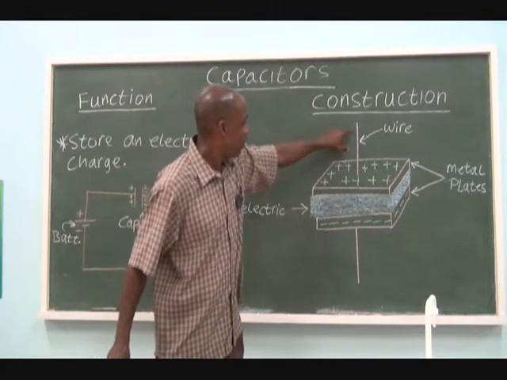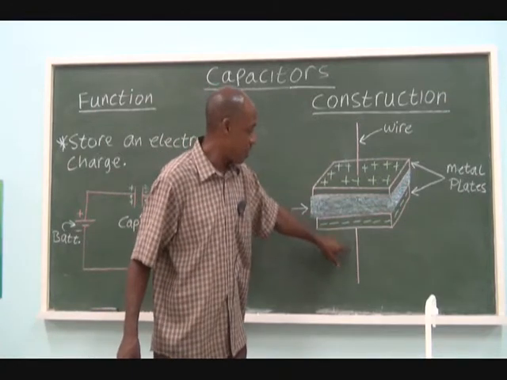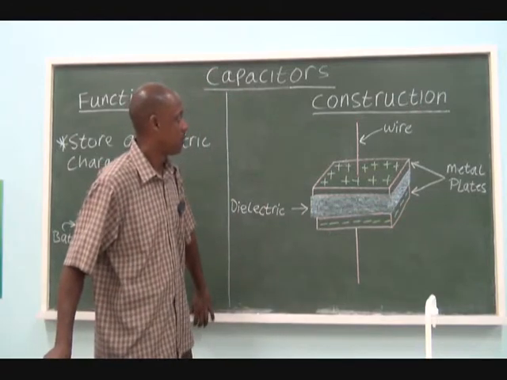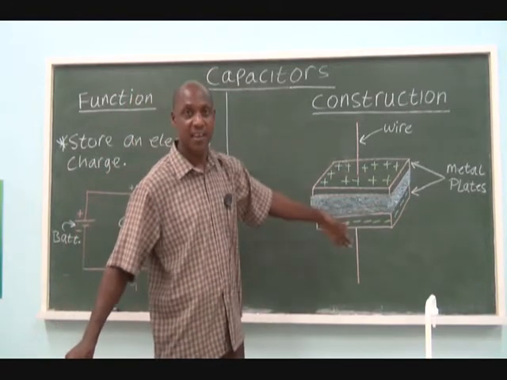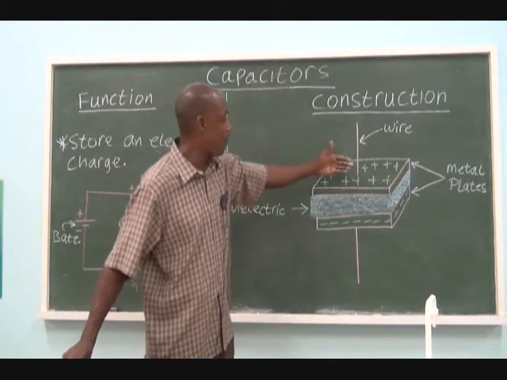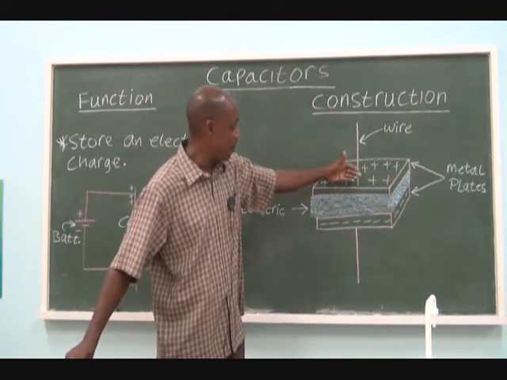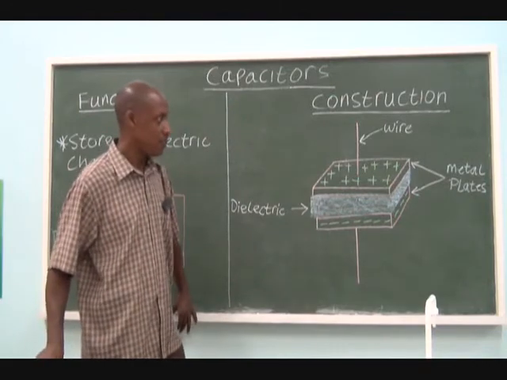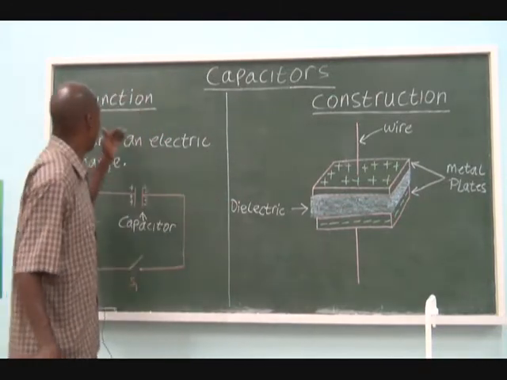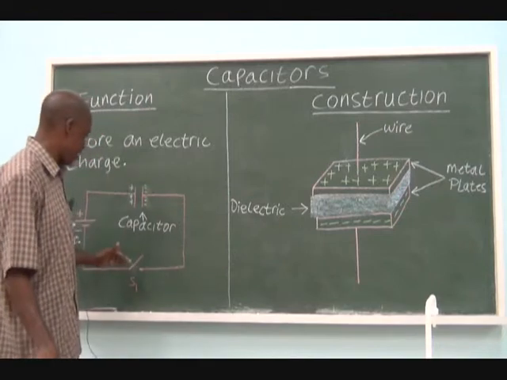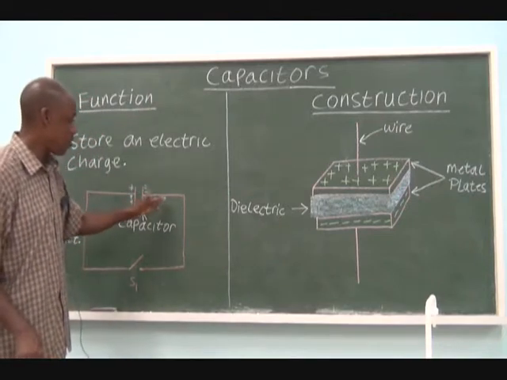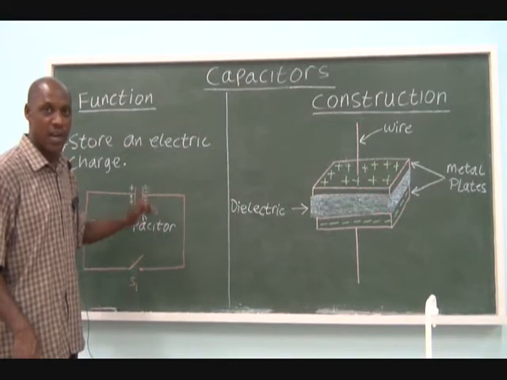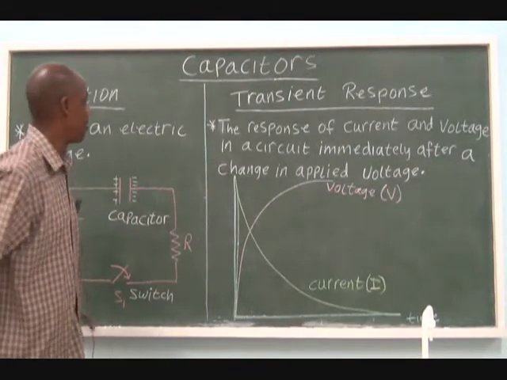Here we have our wire, which is used to connect in the circuit. And when this is connected, like I said before, it builds up positive charges on one plate and negative charges on the other plate. I'll talk a little bit more about the function of the capacitor and how it stores the charge and how long it takes to store the charge. We'll do that next.